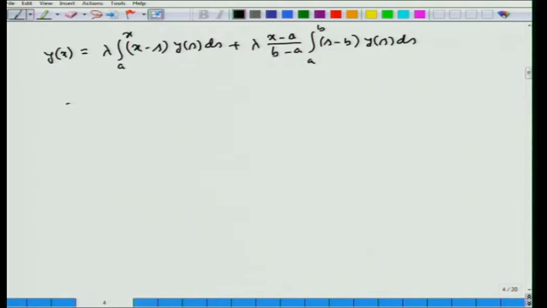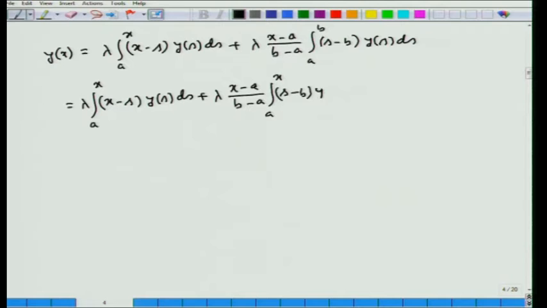So, introducing that particular subdivision of the range of integration, you can find lambda times the integral from a to x of (x minus s) y(s) ds, plus lambda times (x minus a) by (b minus a) times the integral from a to x of (s minus b) y(s) ds, plus lambda (x minus a) by (b minus a) times the integral from x to b of (s minus b) y(s) ds.